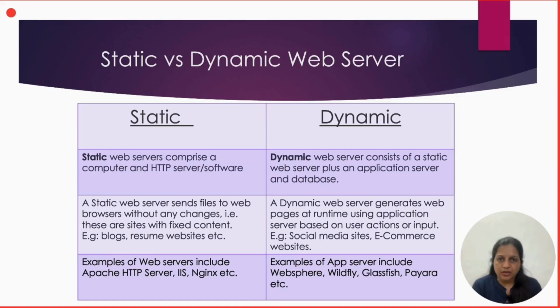Everything is dynamic, generated in real time, because if someone posts something on Facebook, you will automatically see it in real time. So a dynamic server generates web pages at runtime, and such dynamic interactivity is mostly done by the application server. Examples are social media sites or e-commerce websites, where there is a lot of user interactivity and content is generated in real time.